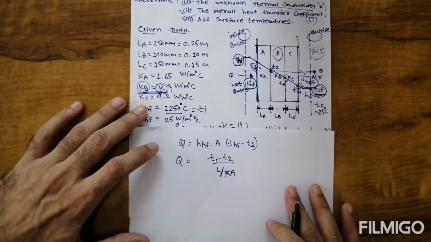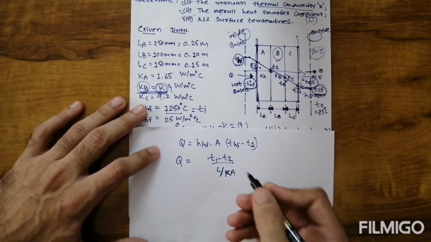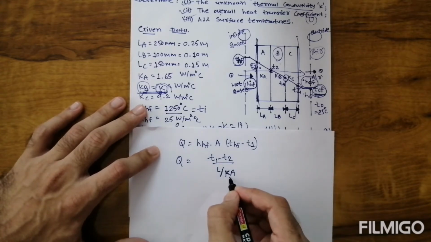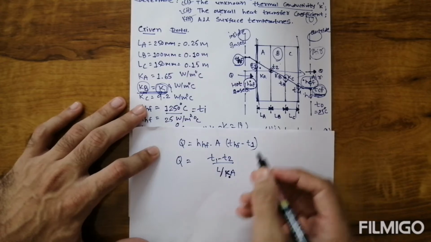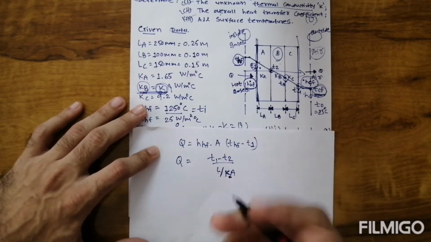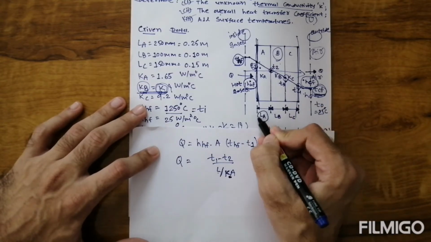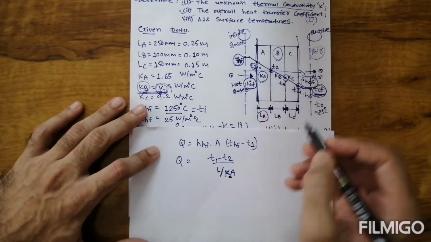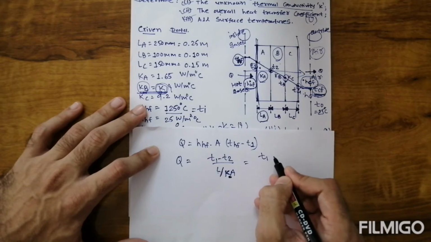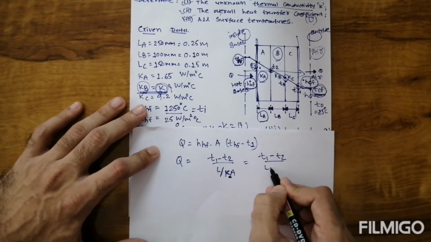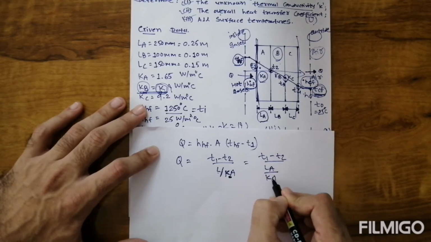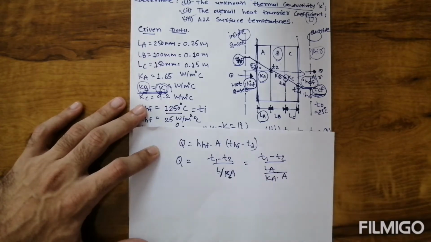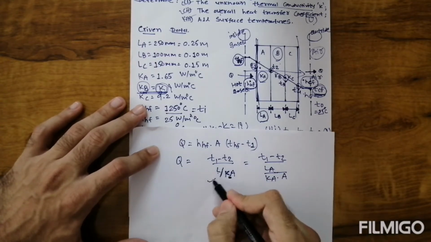But here we cannot use plain L and K, because we are considering individual layers. For the first layer it is LA and KA, so instead of L and K we write Q equal to T1 minus T2 divided by LA by KA into area. That is the plane wall equation.